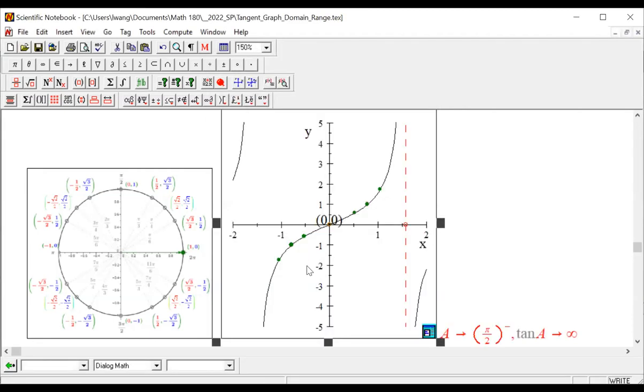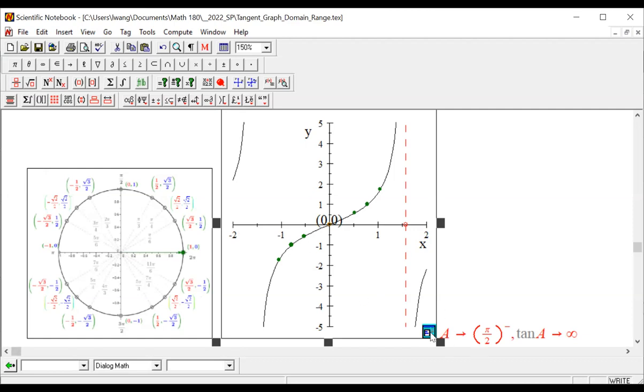You see, it's very similar to the situation on the other side, except this time we're approaching negative pi over 2 from larger than negative pi over 2. On the other side, we approach pi over 2 from smaller than pi over 2, but on this side, we approach negative pi over 2 from larger than negative pi over 2, because the right side is larger than the left-hand side.